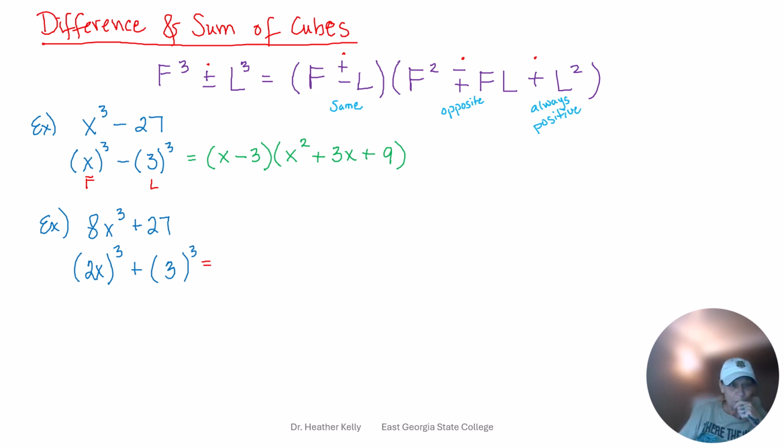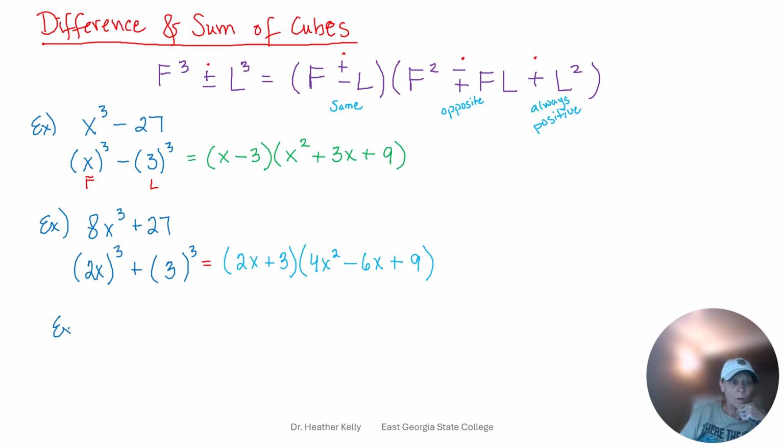Okay, so this is going to be 2x plus 3, sign says the same, times f squared, so 2x times 2x is 4x squared, minus, opposite sign, 2x times 3 is 6x, always positive, 3 times 3 is 9.